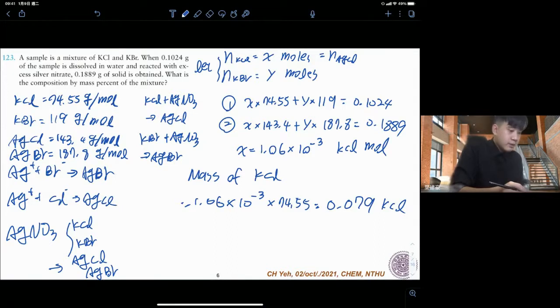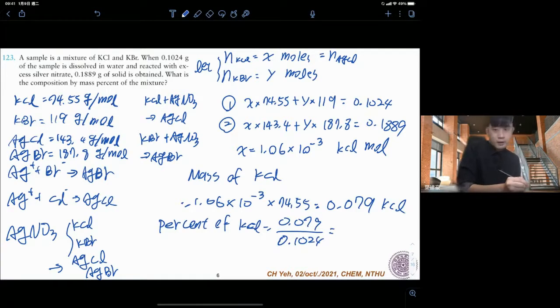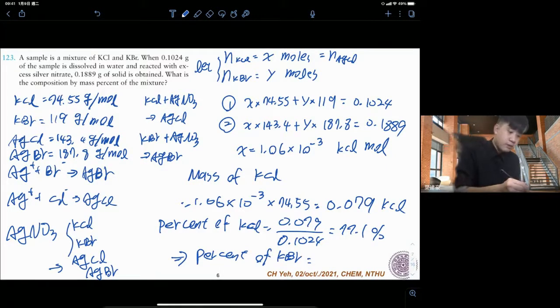The total mass is 0.1024, so the percent of potassium chloride is that over the total. Simply calculated, it is 77.1%. Then the percent of KBr is 22.9%. Okay, end of story over here.